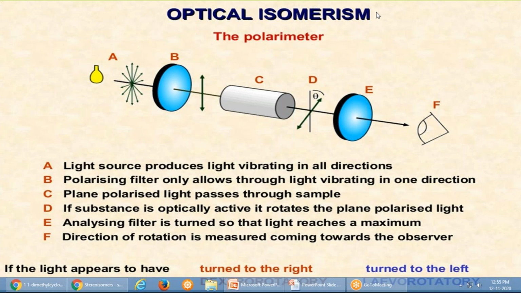And the final, F, is the direction of rotation, which is measured coming towards the observer. You can see through your eyes which direction the light is coming out. If the light appears to have turned to the right, then you call it dextrorotatory. And if the light appears to have turned to the left, then we call it levorotatory.